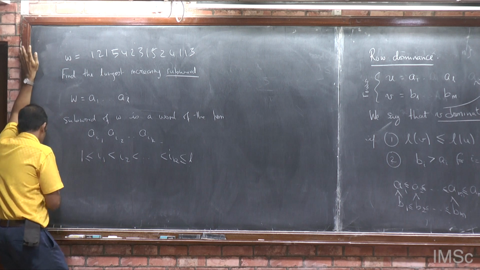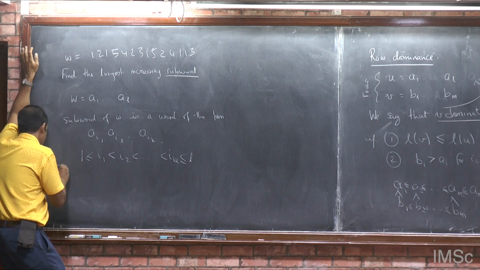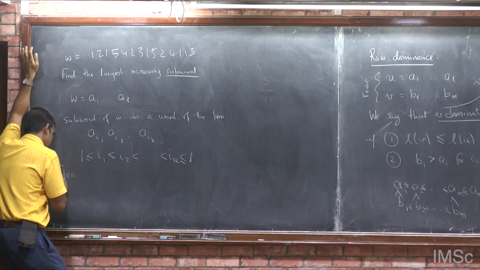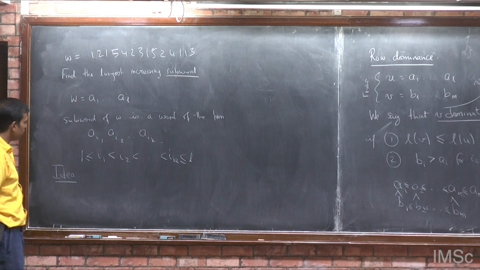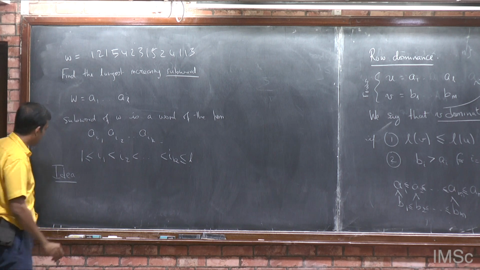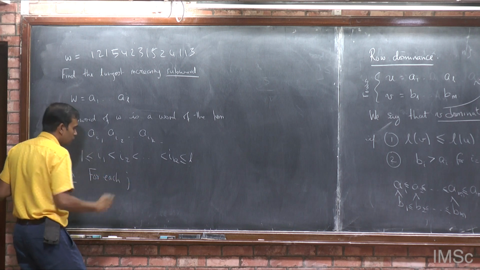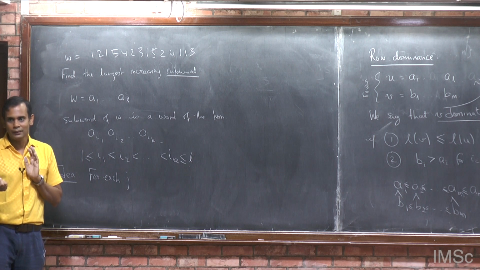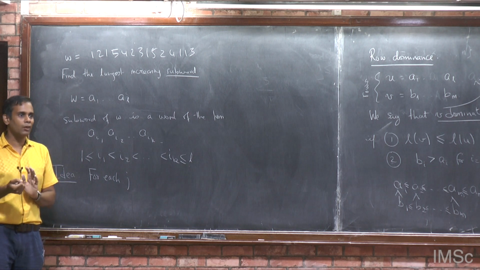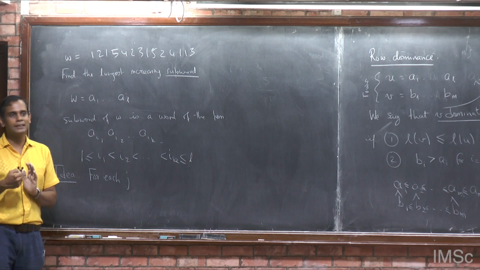So the idea behind the algorithm is the following. Firstly, for each j, you need to know whether you have observed an increasing subword of length j, but also you need to keep track of the least last letter of all the increasing subwords of length j.